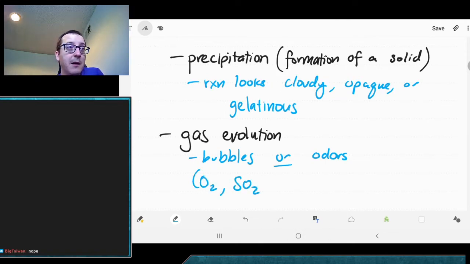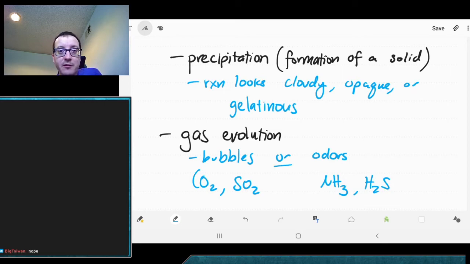Those would be bubbles that we would be able to see as a reaction happens. Or we can have stuff that smells bad. Those would be like ammonia or hydrogen sulfide. Hydrogen sulfide is a rotten egg smell. Ammonia, hopefully you smelled ammonia before. It's a cleaning agent. Stinks, kind of a fishy odor, a little bit.